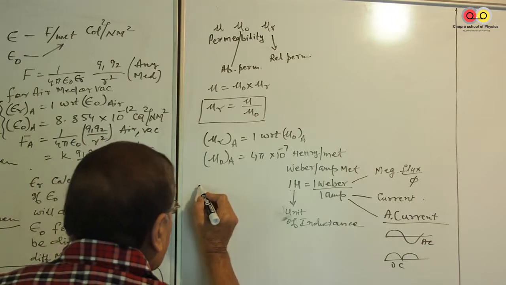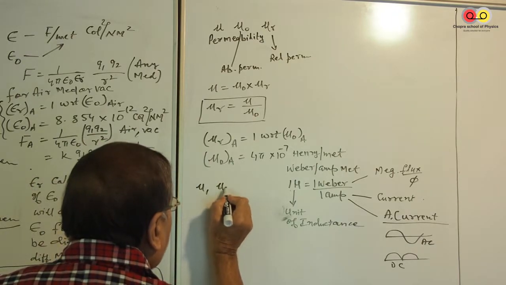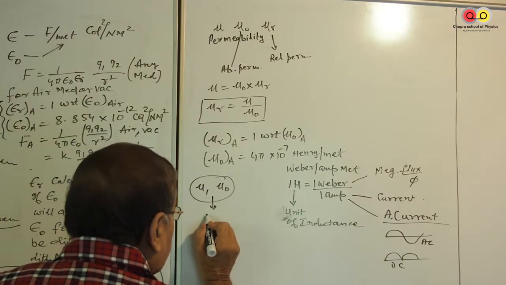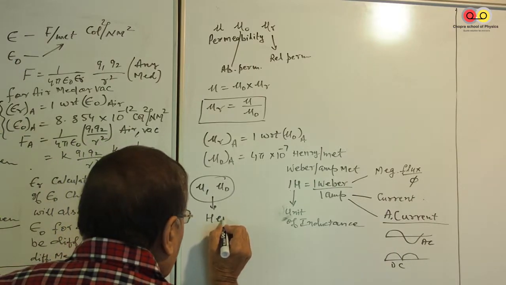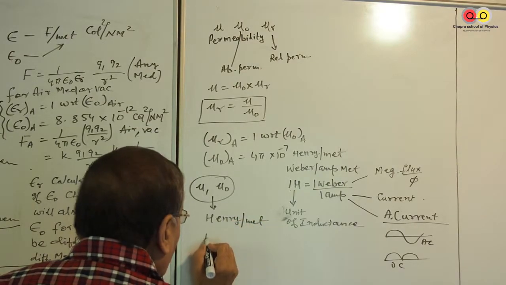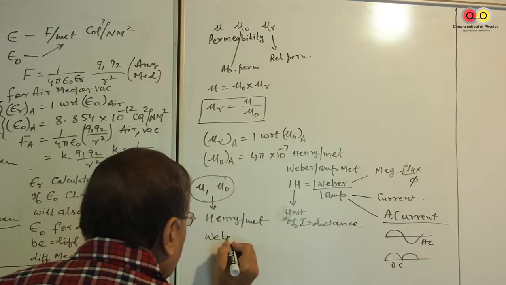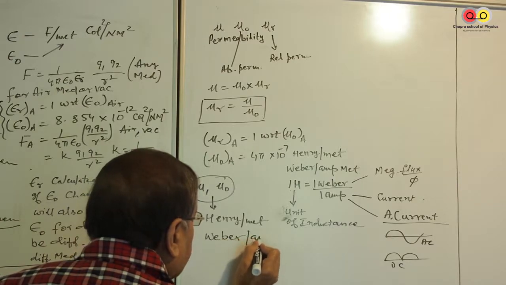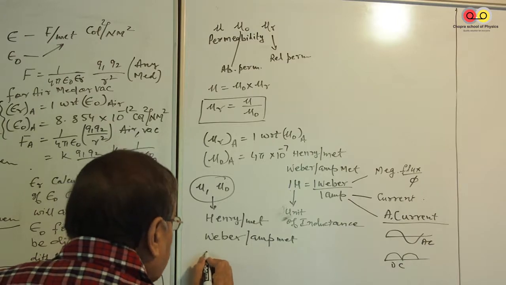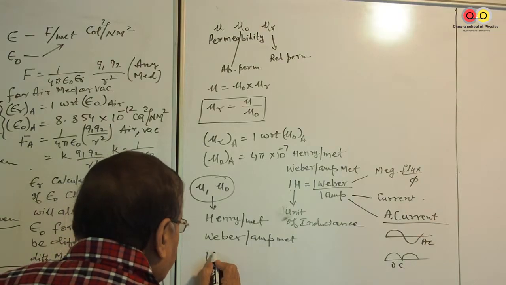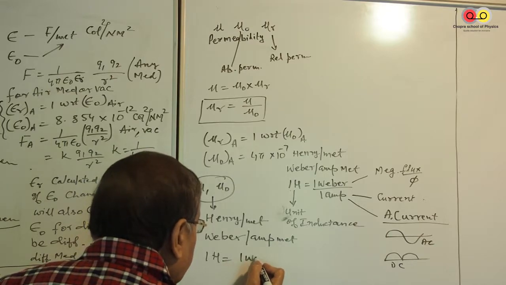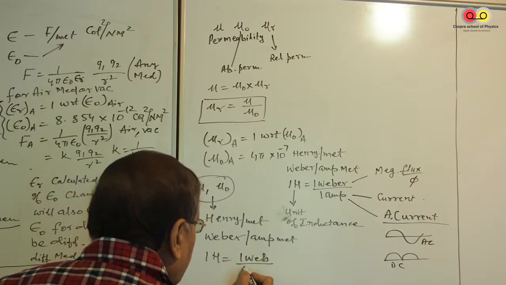You will remember that for mu and mu naught, the unit will be either Henry per meter or Weber per ampere meter. And 1 Henry is equal to 1 Weber over 1 ampere.